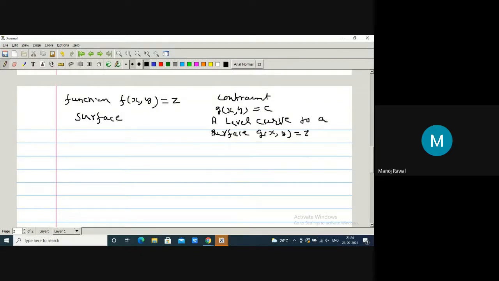Okay. Now, students, it will become very difficult if I try to study the surface directly. If I take the equation of the surface and draw that function somehow on the board or maybe on Mathematica, and then simultaneously take this constraint and try to study the behavior of the surface and the constraint, this will become a very difficult task.